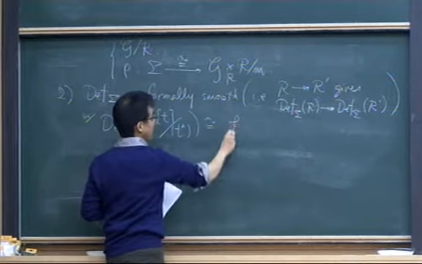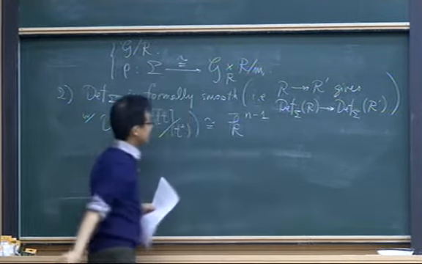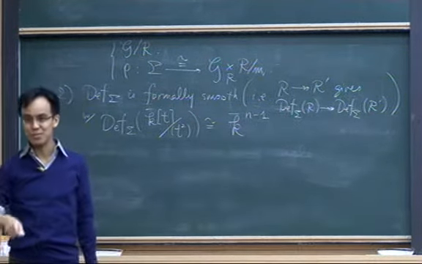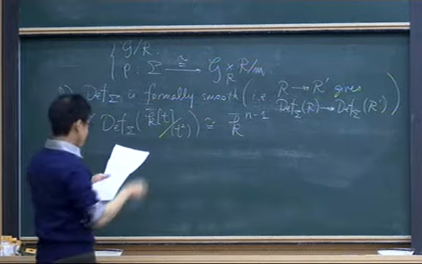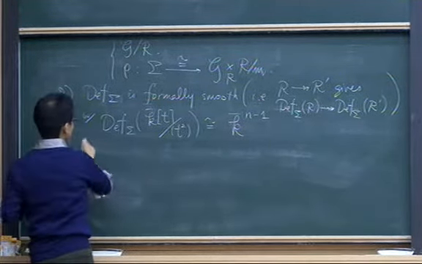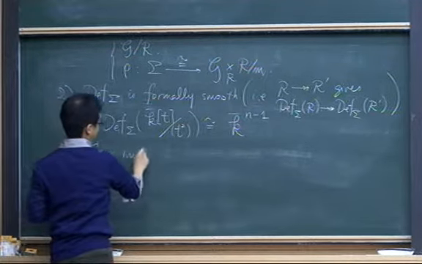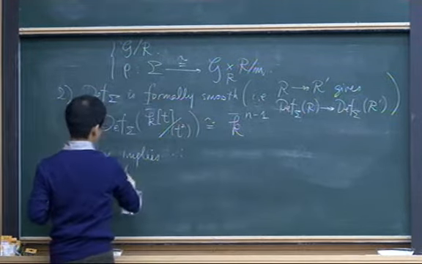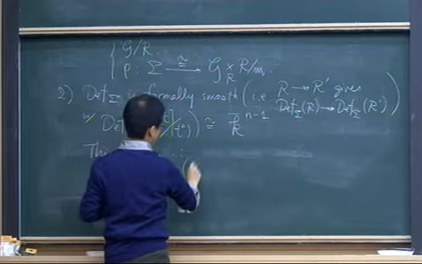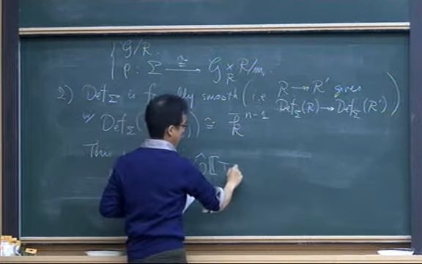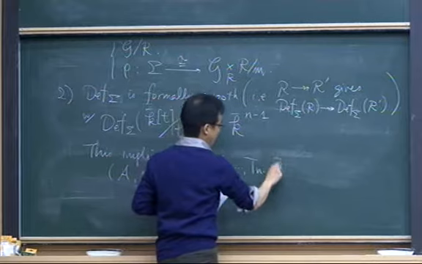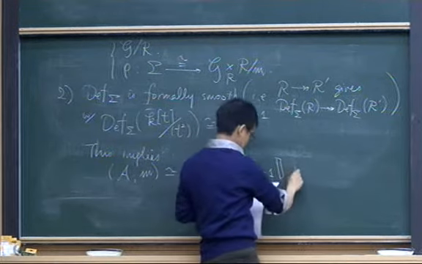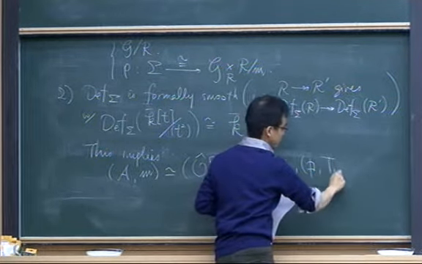This turns out to be k bar to the n minus 1. So when n is 1, the tangent space is 0 dimensional, and you do get O hat, but in general you don't. This implies that what you get is a formal power series ring, and the ideal is the maximal ideal.